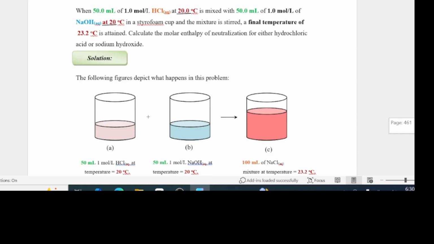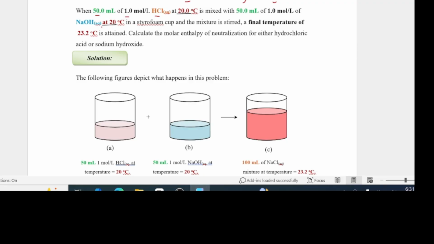So here we have 50 milliliters of 1.0 mole per liter HCl at 20 degrees Celsius, and we're taking the same volume and the same concentration of sodium hydroxide at 20 degrees Celsius. So two things are common here.